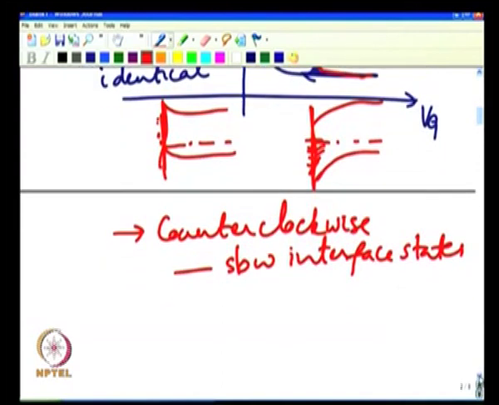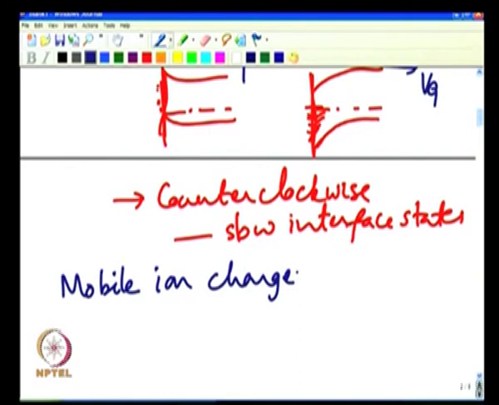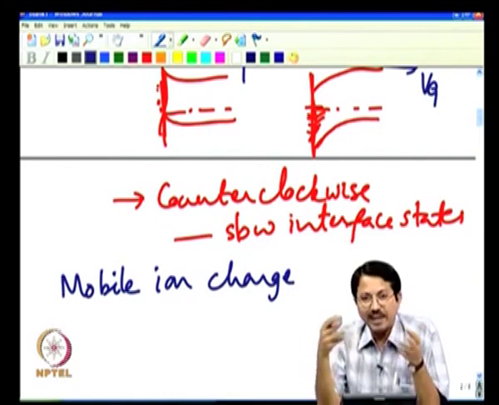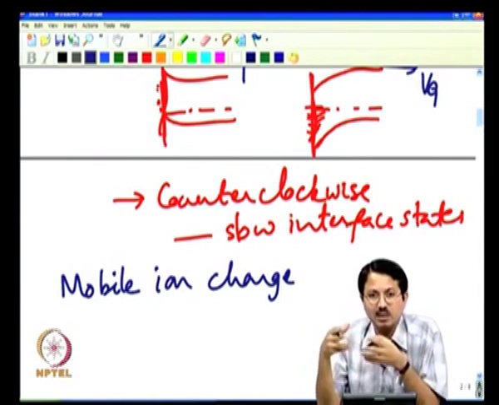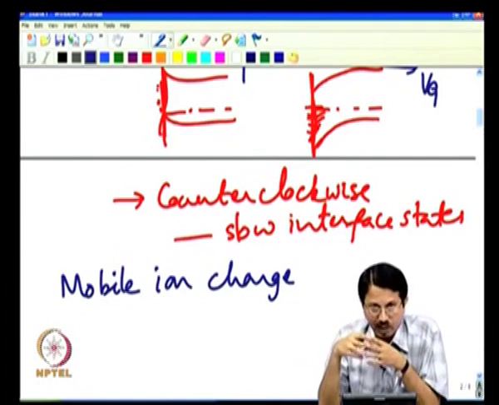Now, at this point it may be worthwhile to also discuss the non-idealities of mobile ion charge, which as I said is very rare. But again, if you mess up your cleaning procedure and, instead of quartzware, you take Pyrex glass to clean your device silicon, Pyrex is a very good contaminant of sodium and potassium.